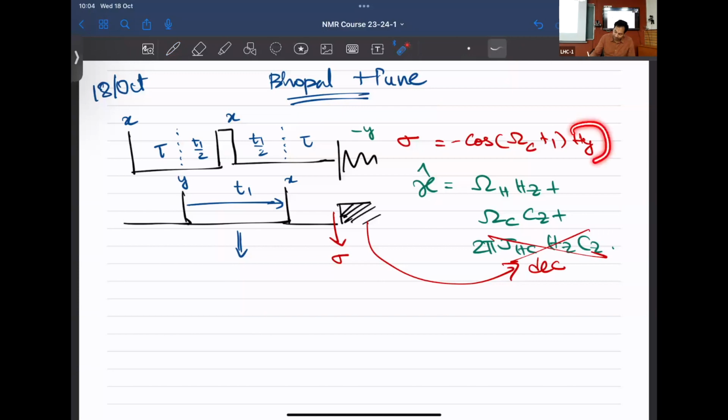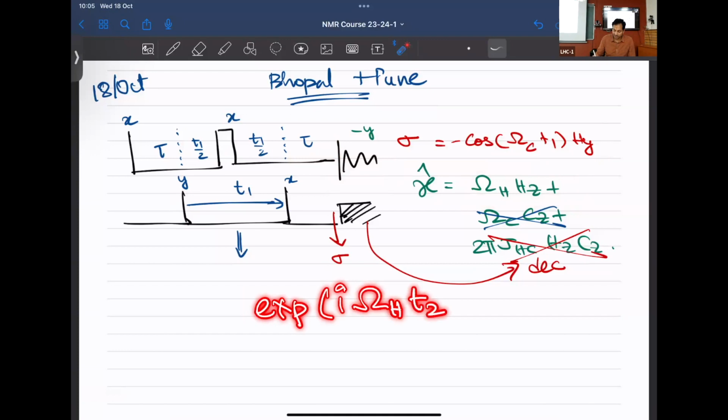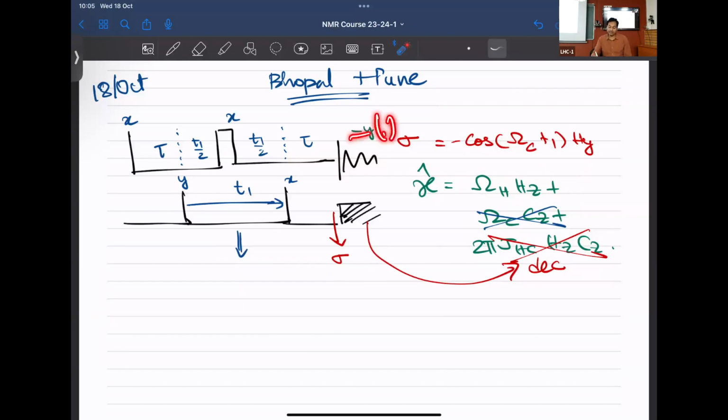And if you see the product operator as HY, you know that the CZ will commute. So therefore, carbon chemical shift will also not evolve. So the only thing that you're left with is proton chemical shift evolution. And I'm sure from your previous lectures, you would be able to recollect that during this acquisition time, you would end up getting a term of omega H times T2 as the final density matrix, the product of the density matrix with the operator minus HY, after a time T2 of evolution.